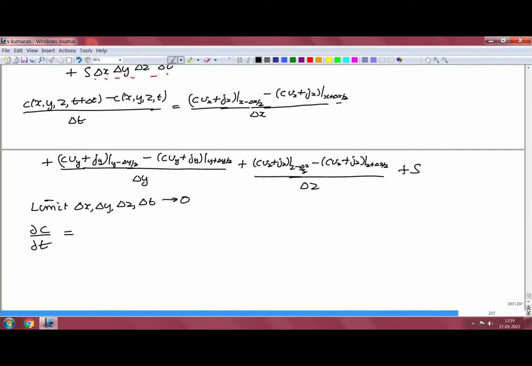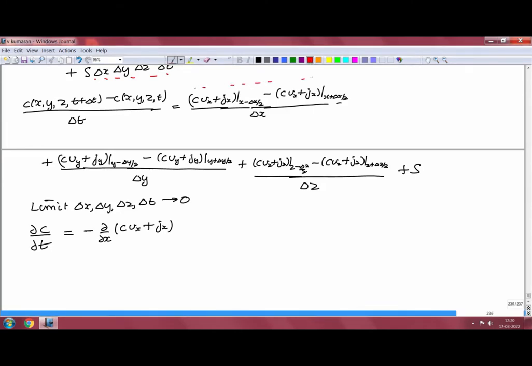On the right side, I have partial by partial x of c vx plus jx, with a negative sign, because c vx plus jx is the value at x plus delta x by 2 minus the value at x minus delta x by 2 divided by delta x. Here I have the negative of that.